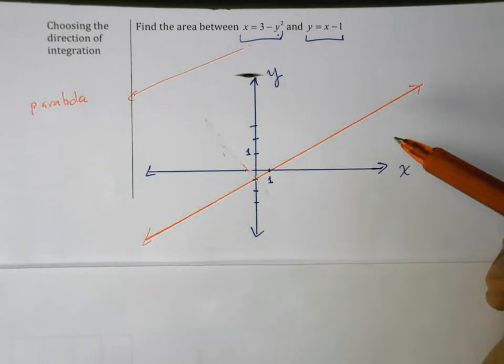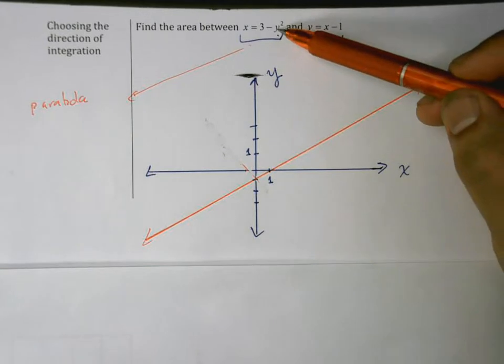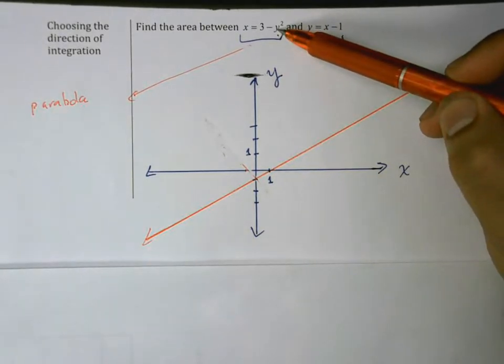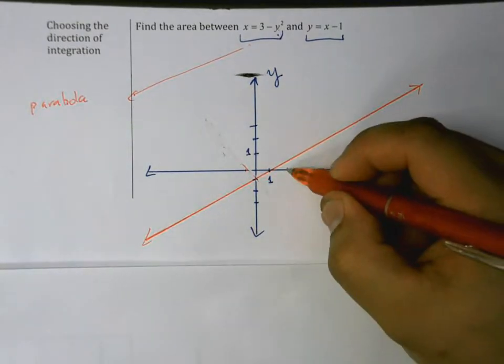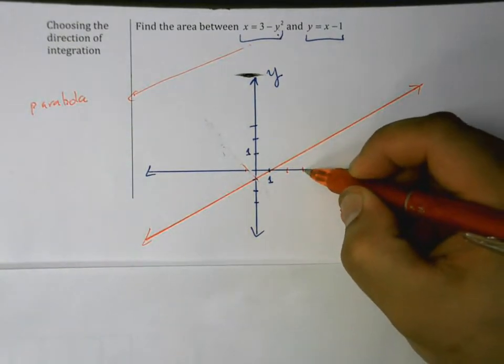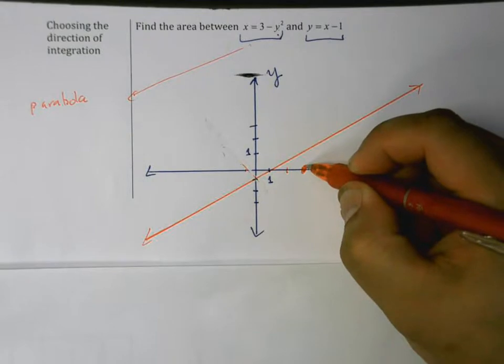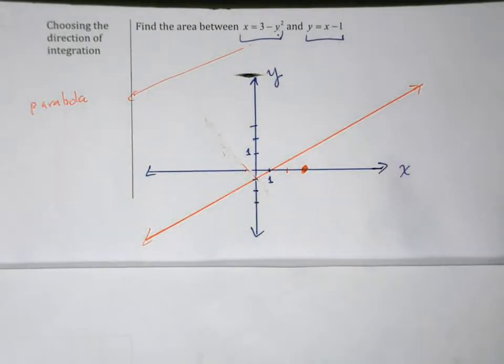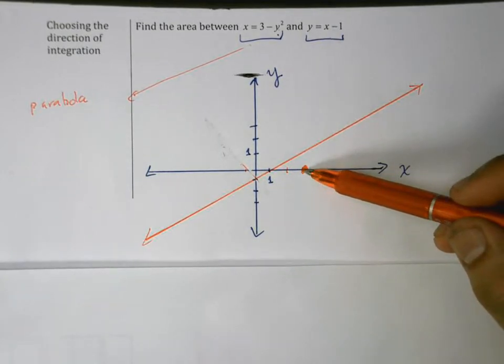We know that when y is equal to 0, x is going to be equal to 3.